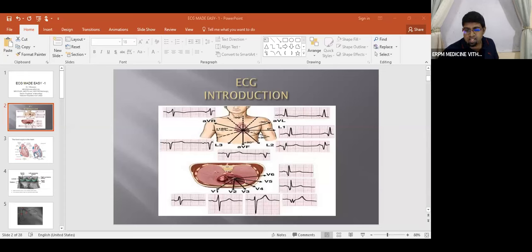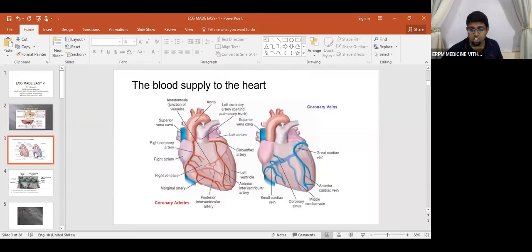Before understanding the electrical activity of the heart, we should have some idea about the blood supply of the heart, because the majority of the time we talk about ECG in relation to the blood supply of the heart. I hope you remember that the heart is supplied by 2 coronary arteries.